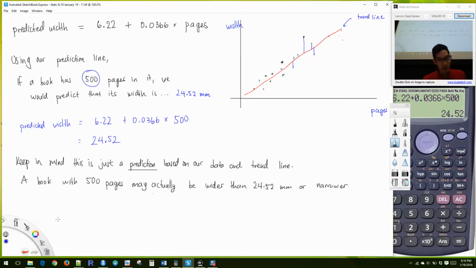So just FYI, if you want to know, the regression line is the line that minimizes the total sum of the squared residuals.